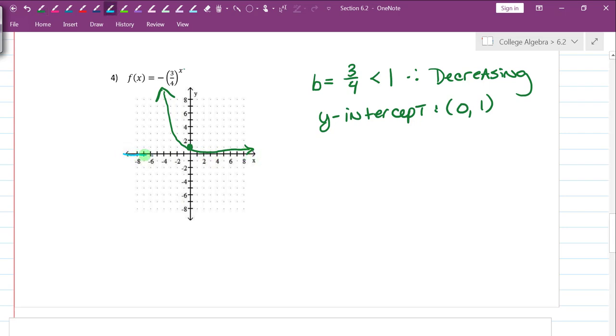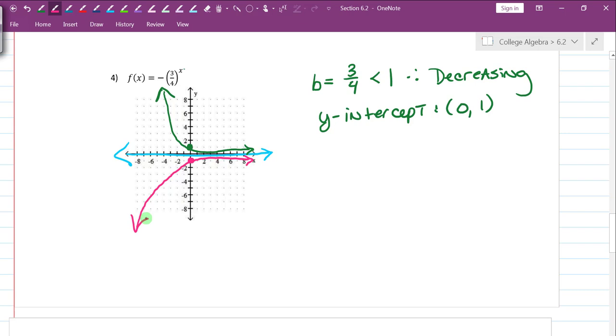But there's one thing left that we have to contend with. And that's this negative right here. That negative takes this function right here and it flips it around the x-axis. So actually what happens is this point right here shifts to this point right there. We're flipping it over, and this whole thing flips over, so it ends up being drawn like this.